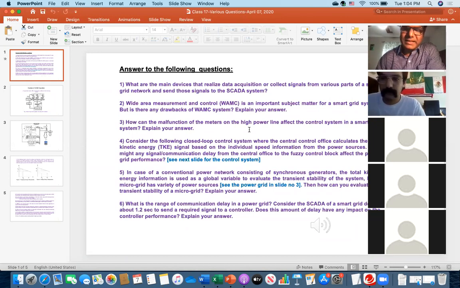And then SCADA is monitoring, analyzing, and evaluating those parameters. Based on the system behavior, the SCADA makes the decision what signal and where to send back. So the SCADA is making control decisions. As I said, the appropriate answer is three main devices: PMU, RTU, and various sensors.